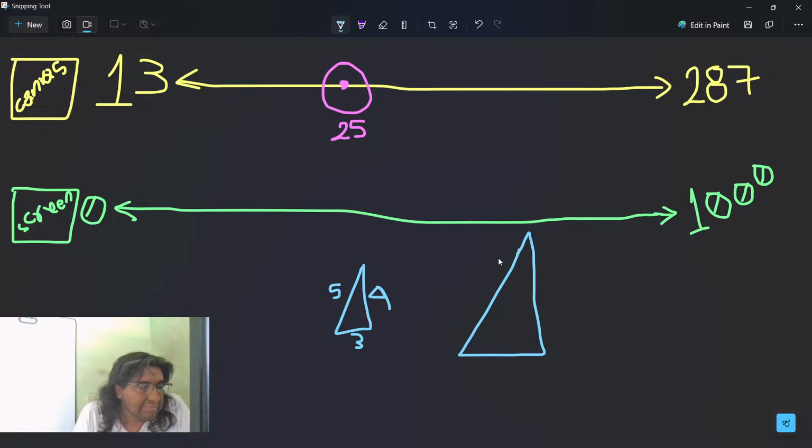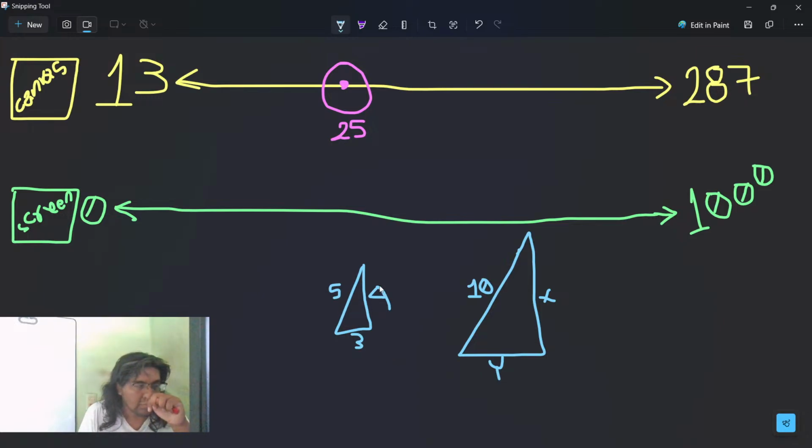Now we'll find this x, and we will find this y.